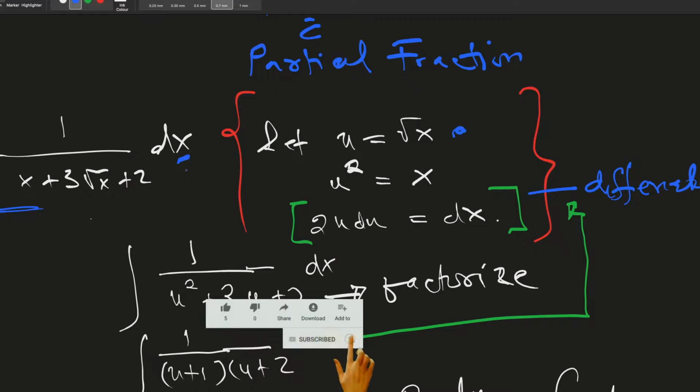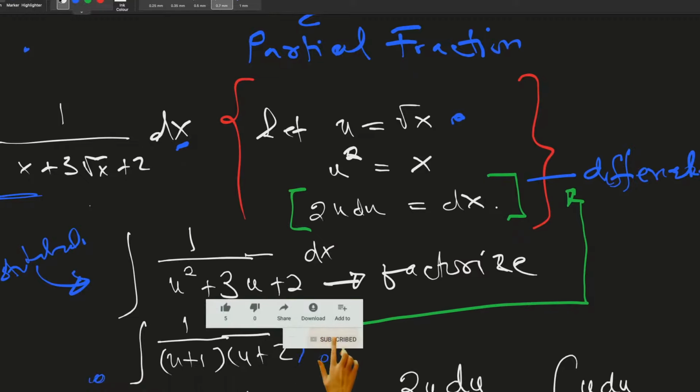So after that, we substituted all the respective parameters into the initial expression. That gave us the integral of 1 over u squared plus 3u plus 2. Then we factorized it, which gave us u plus 1 into u plus 2.